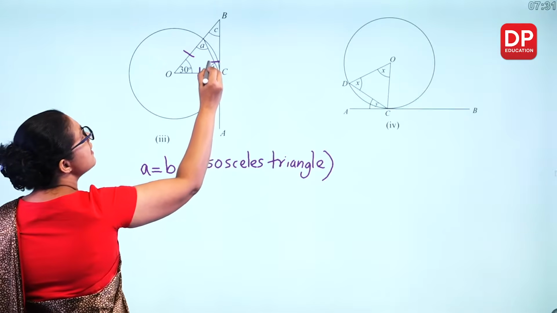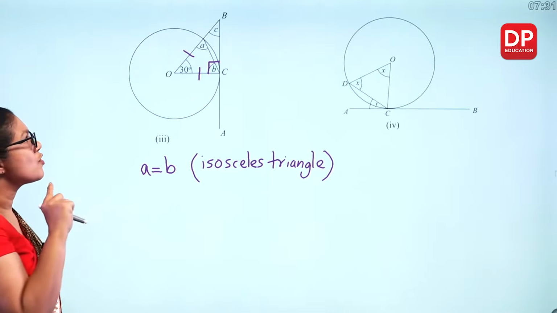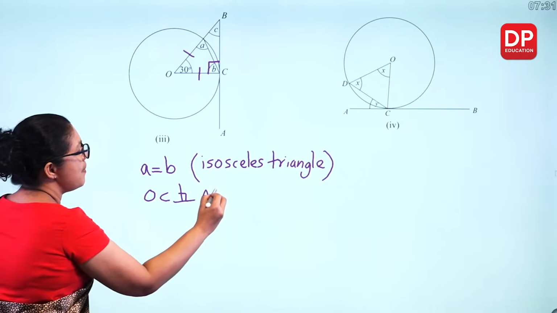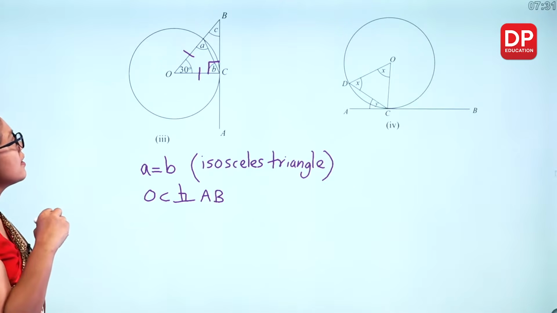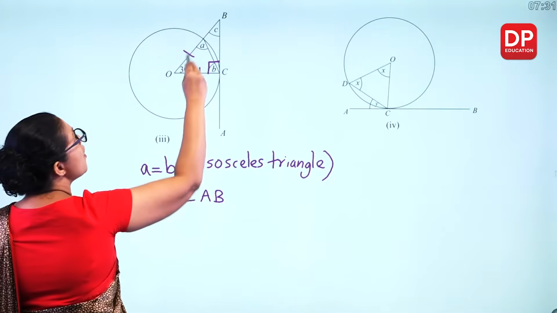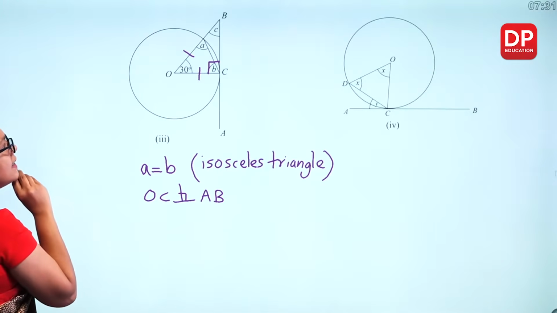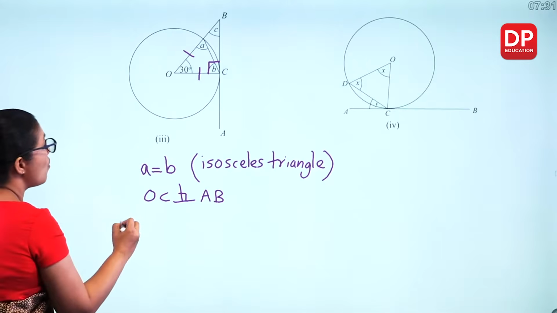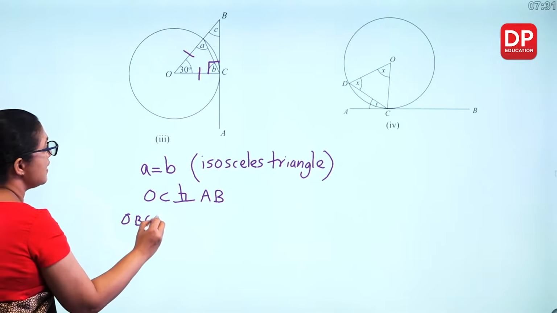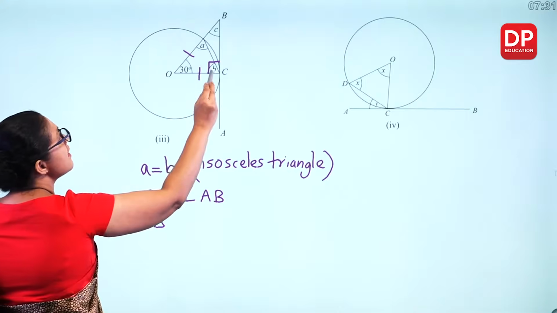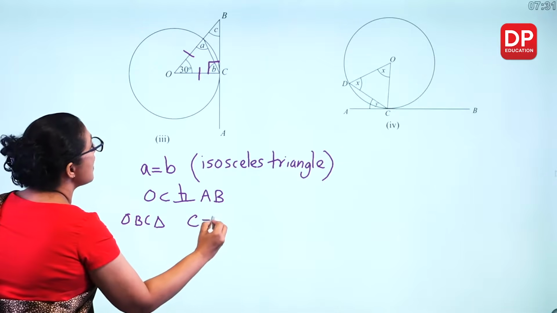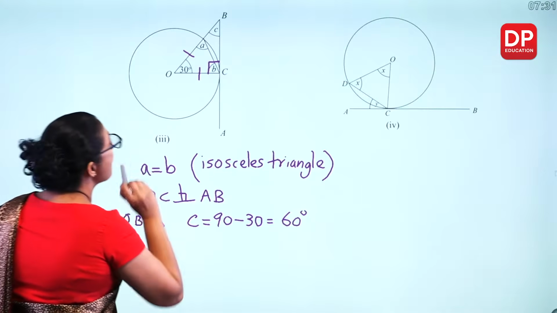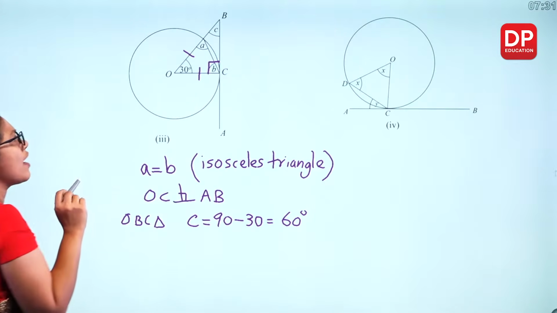This whole angle is 90 degrees because OC is perpendicular to the AB tangent. Then we can find out the C angle using the OBC triangle. This is 30 and this is 90. So what's C? 90 minus 30. That's 60 degrees.